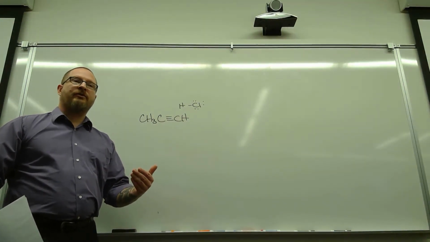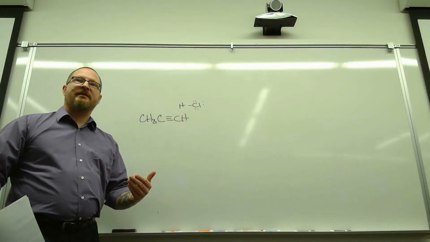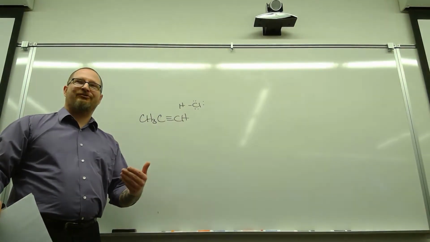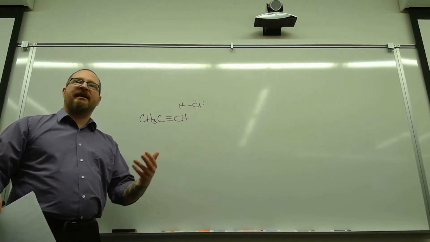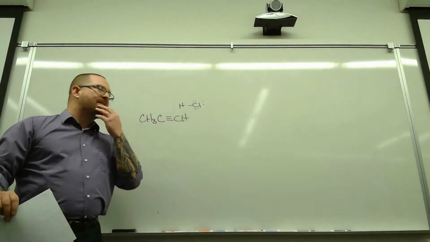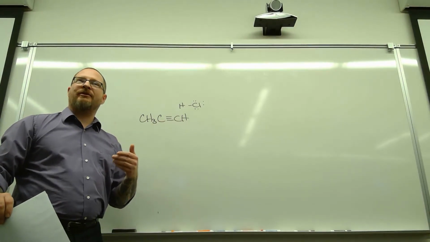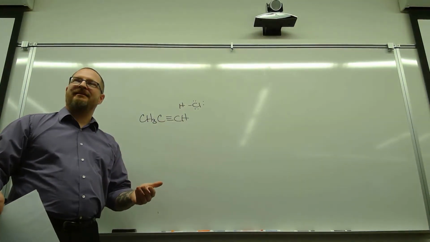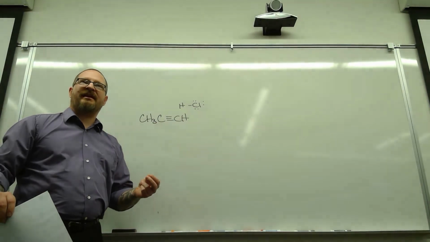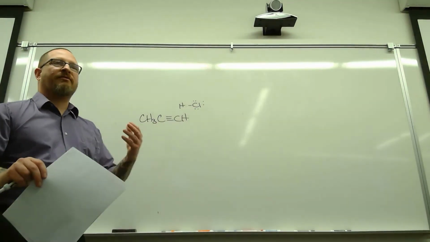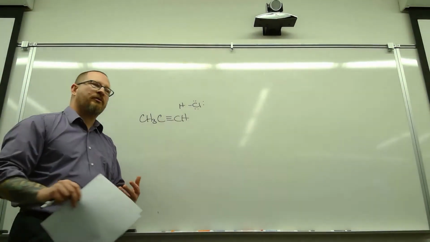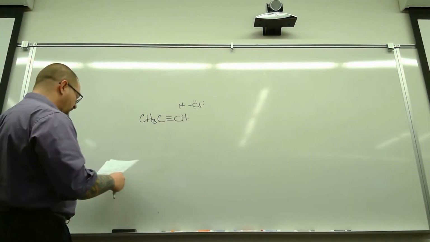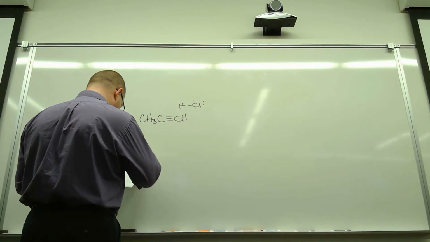And then there's going to be a second attack or a rearrangement, depending on what is being added. And there's going to be some unique stereoselectivity with how the second attack happens. So we have a couple different moving parts to make this a little more nuanced than what we were doing in the last chapter.